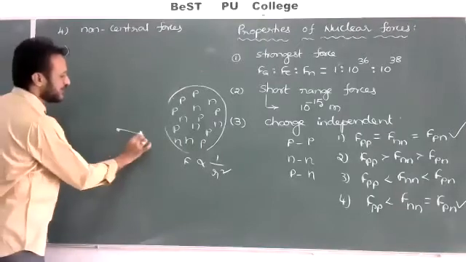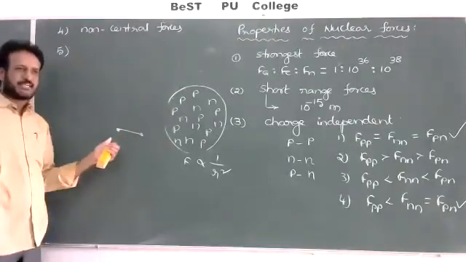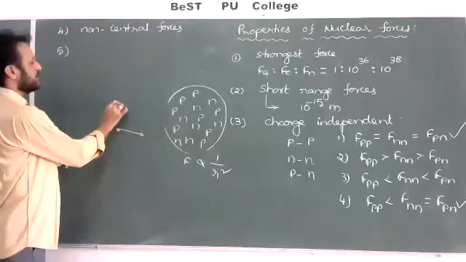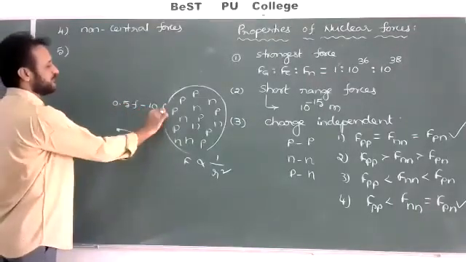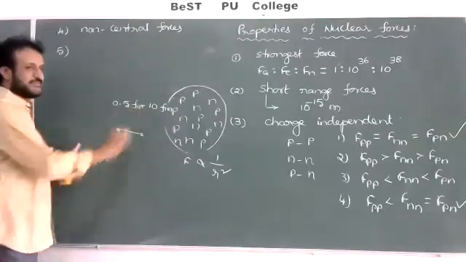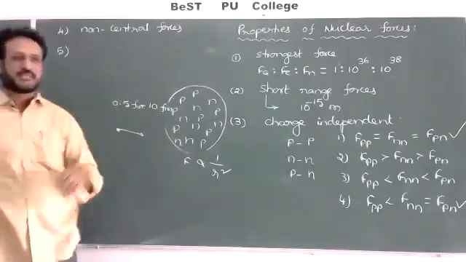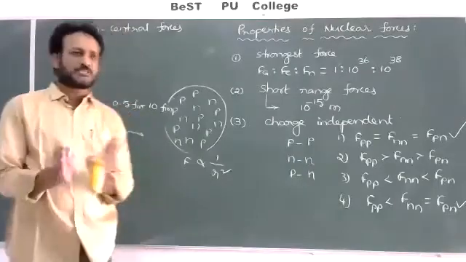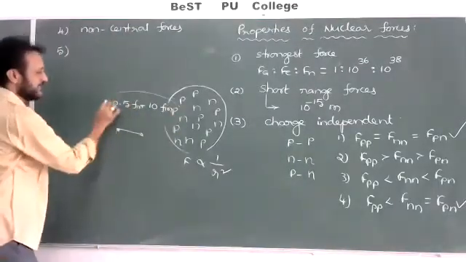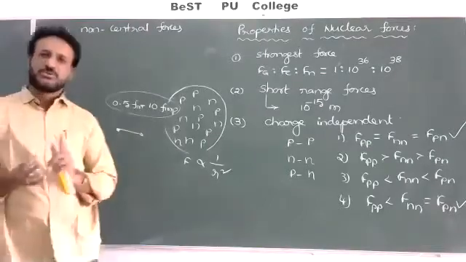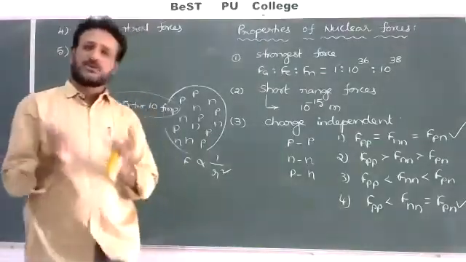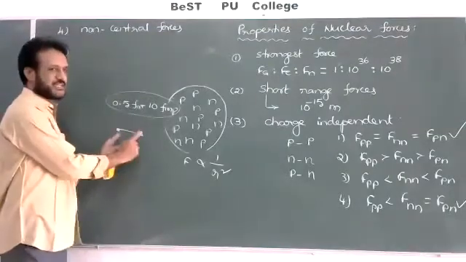Whenever both are separated by a distance of around 0.5 Fermi up to 10 Fermi, that is, 0.5 into 10 power minus 15 to 10 into 10 power minus 15 meters approximately, between these two points the nuclear forces attract each other. If you take one proton and one neutron, they attract each other, and so do two neutrons.